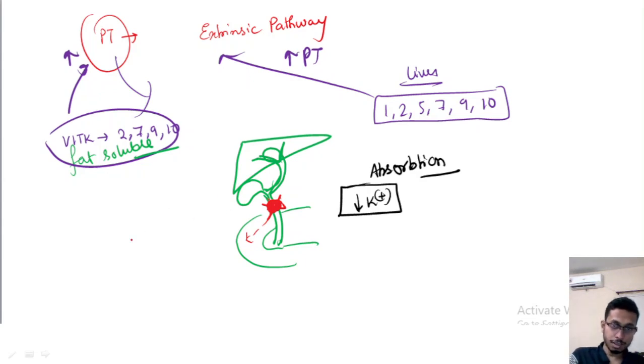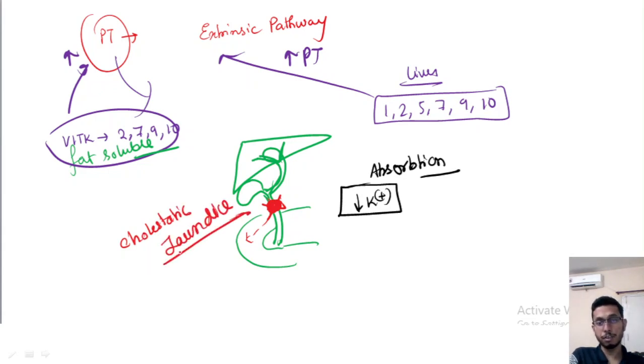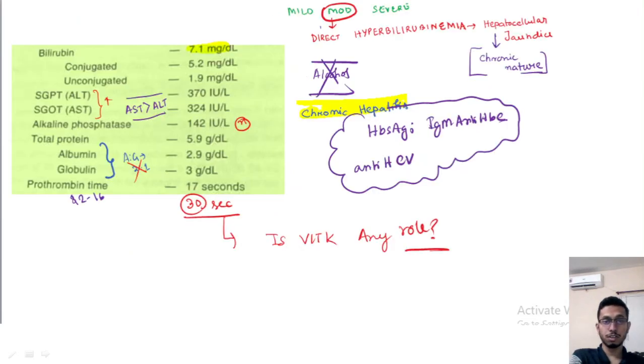Therefore, in case of cholestatic jaundice, if you give vitamin K, there will be relief in the patient. Whereas in case of hepatocellular jaundice, there is no value of giving vitamin K injection.